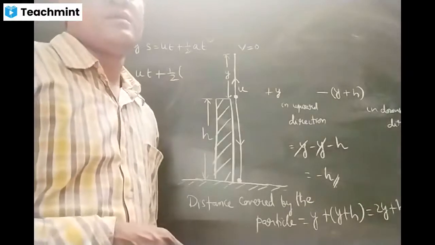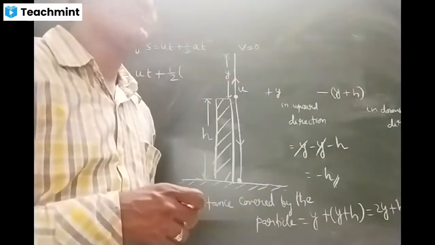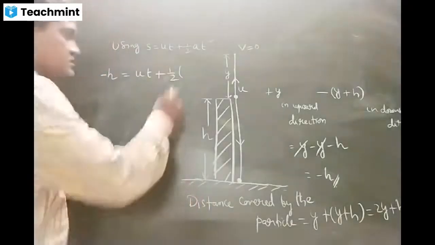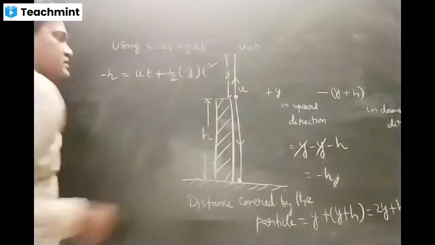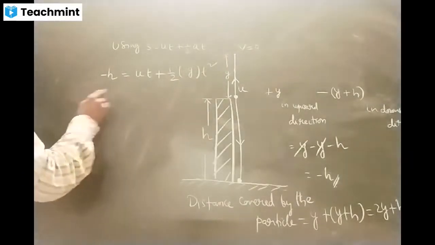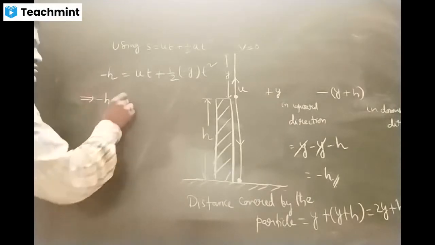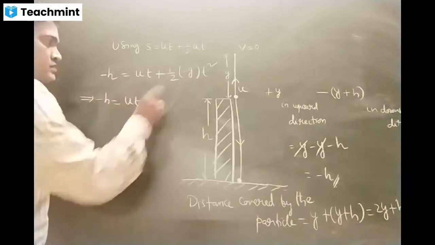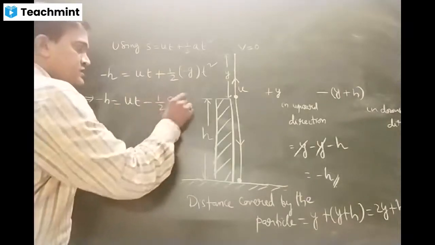So minus g into t square. So this equation reduces to minus h is equal to ut plus half into minus g, that is, minus half gt square.